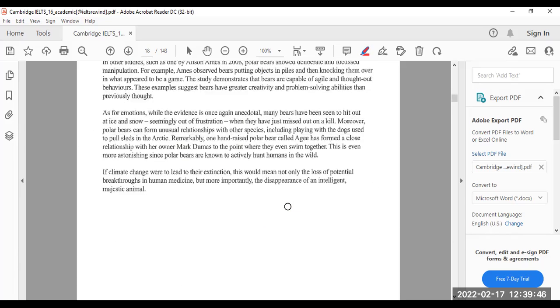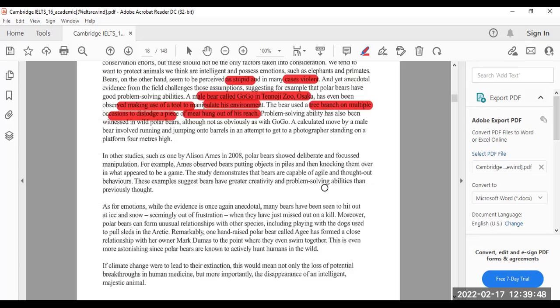So again, I go to the passage with this keyword. A calculated move by a male bear involved running and jumping onto barrels in an attempt to get a photographer standing on a platform 4 meters high.